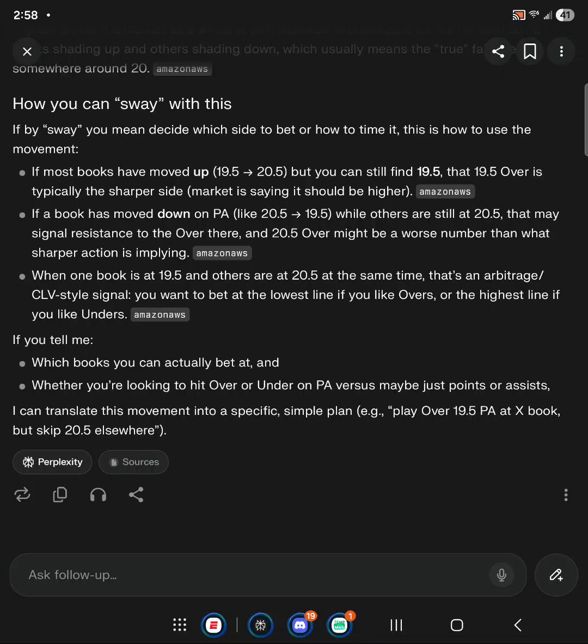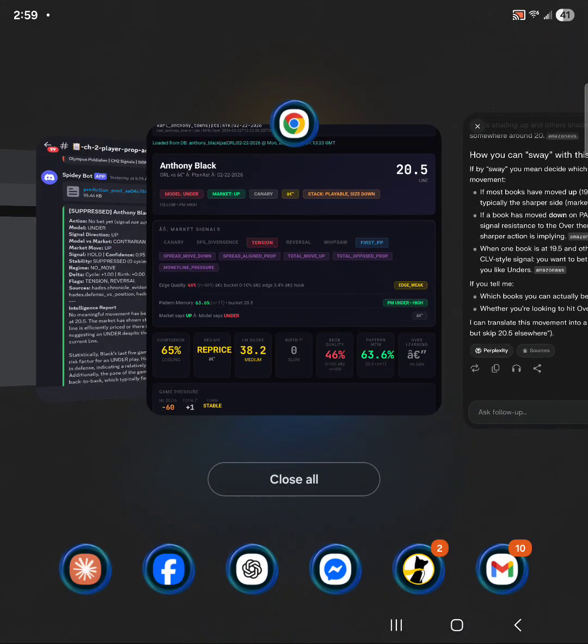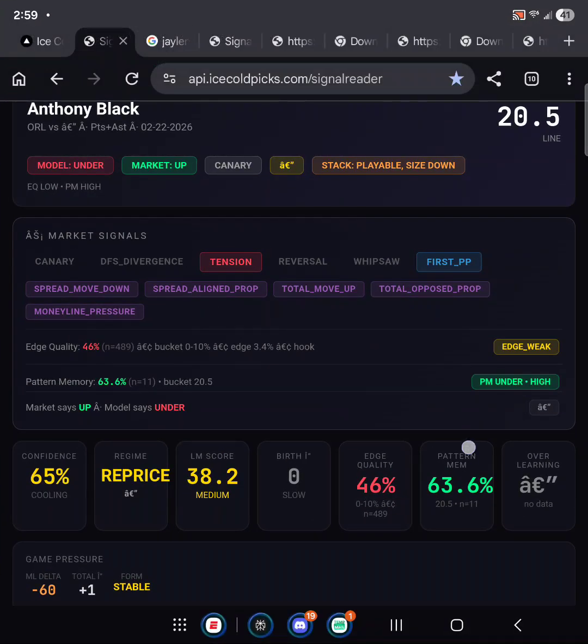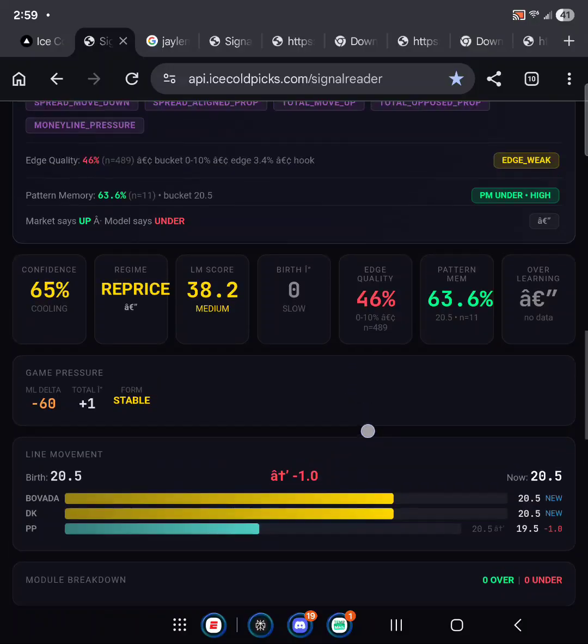That is the case. If you look at it like this, what I look at it as is stocks. The line started off at 19.5. It tested 20.5 multiple times throughout multiple platforms, but ultimately it rejected, and some ended at 20.5 and some ended at 19.5.